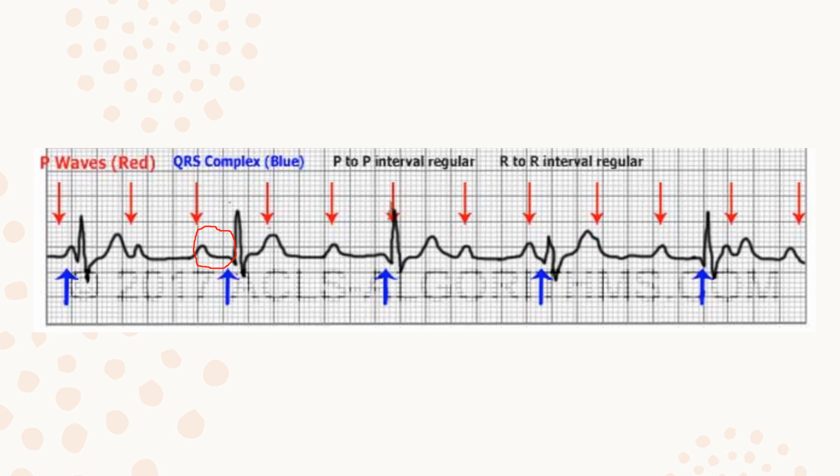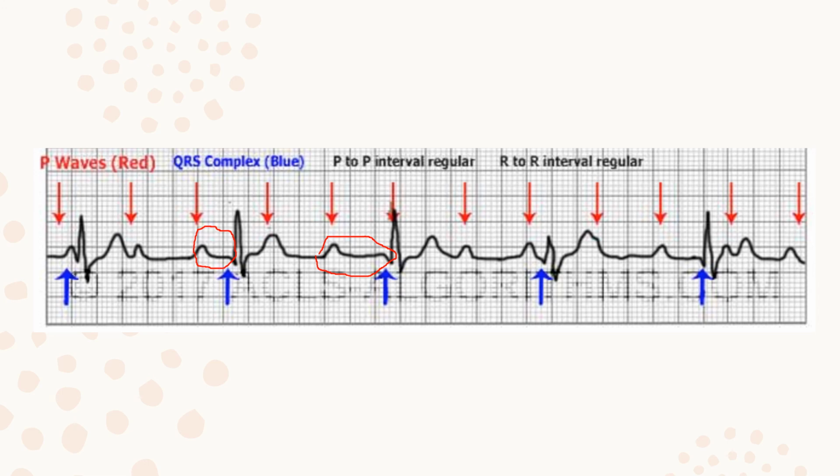So if you wanted to look at the next one, you think, oh, well, maybe that's a PR, maybe that's Wenckebach, because you've got a short and then a long one, and then you've got a drop over here.